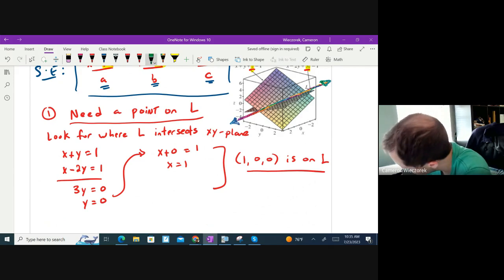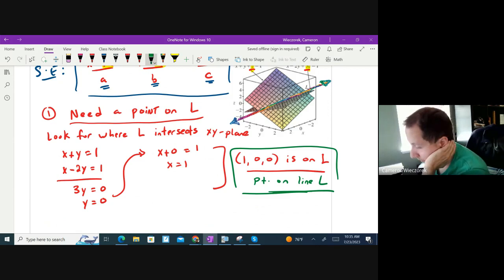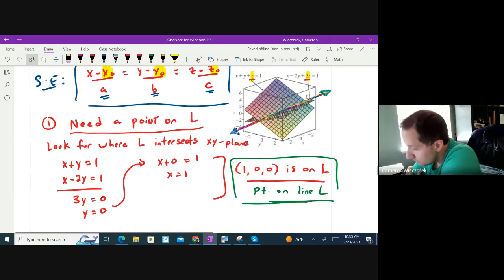So I'm just going to make a note here. This is a point on line L. Okay, now we need a direction. This is the part that you have to think about a little bit more. Well, looking at it, remember that line L is in both planes, right?